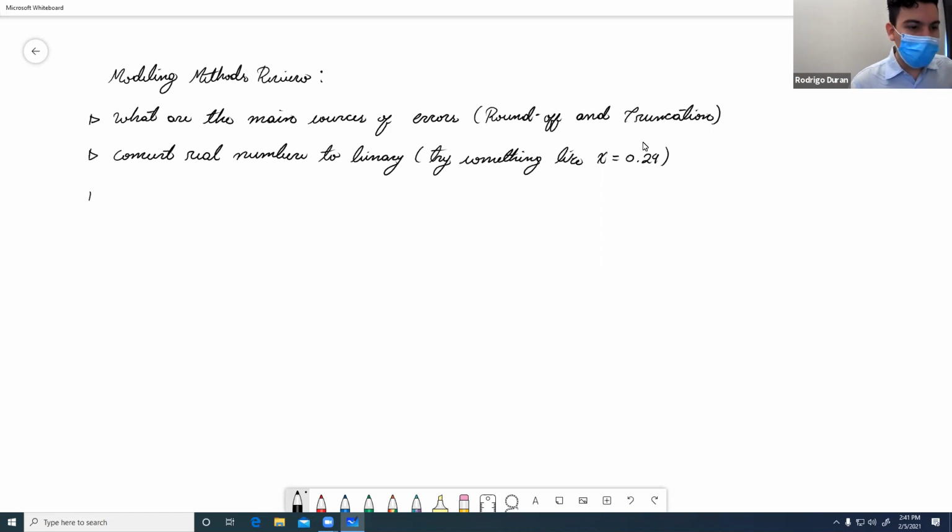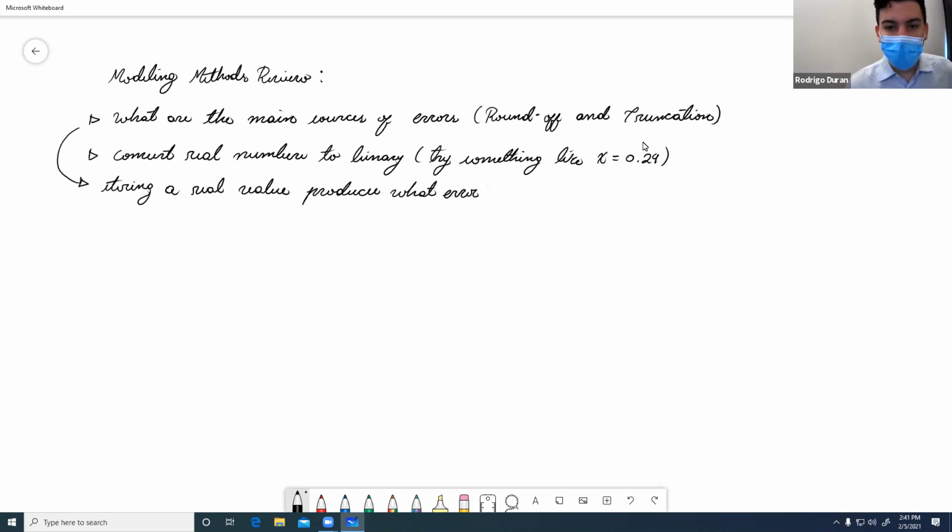Connected to this, storing a real value produces what error? These are the two main sources of error.